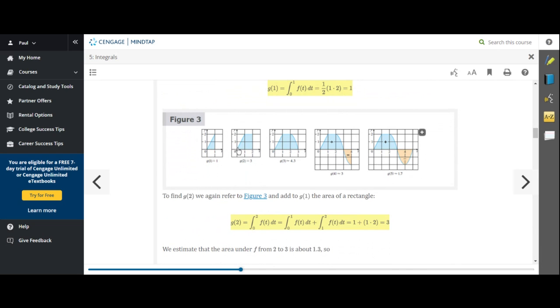Based on the picture, from 0 to 2, you have the area of the triangle, which is 1, from 0 to 1, but then the area from 1 to 2 is a rectangle. Base times height is 1 times 2, and that's how you get 3.